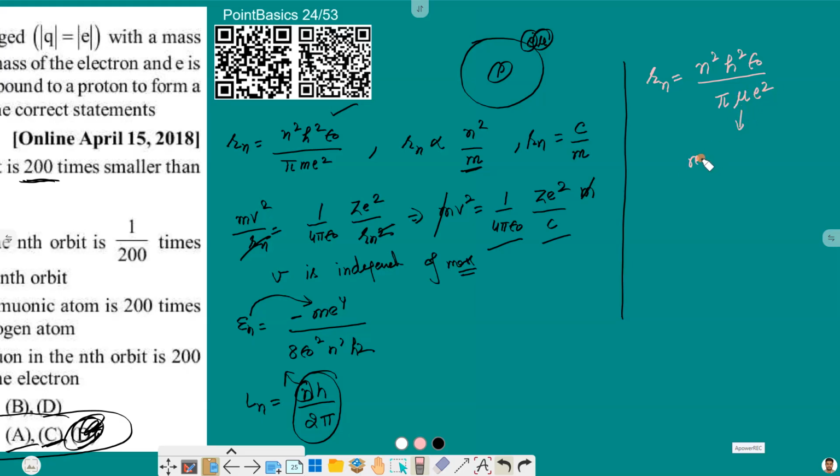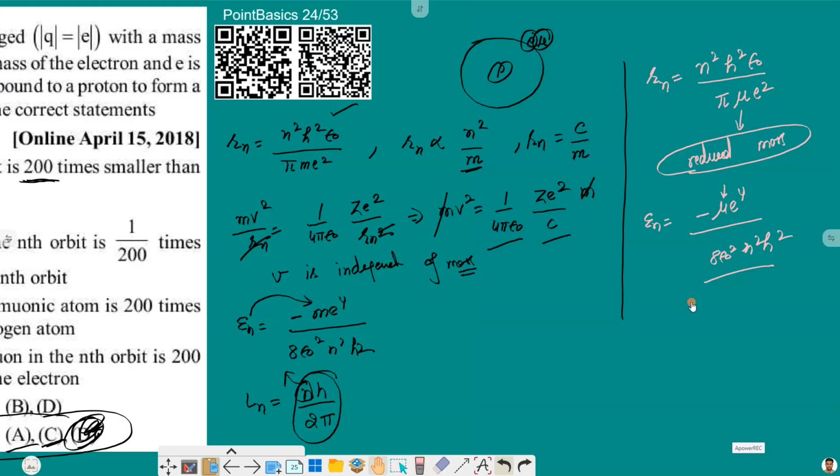Mu is the reduced mass, not the actual mass. Even in the energy term, En is minus mu E4 divided by 8 epsilon naught square n square h square. This is the reduced mass of the system, not the actual mass.